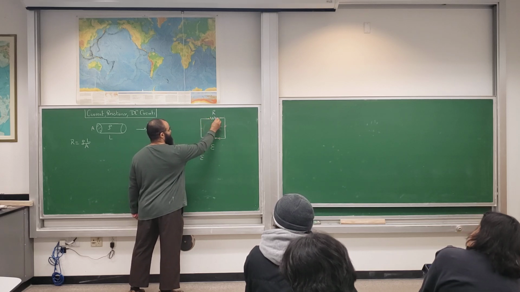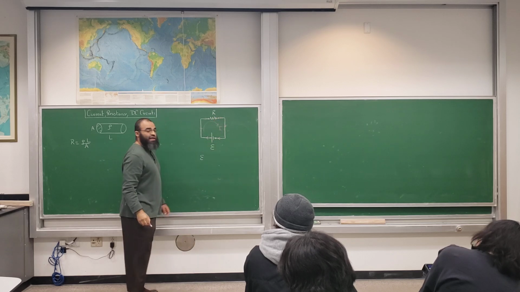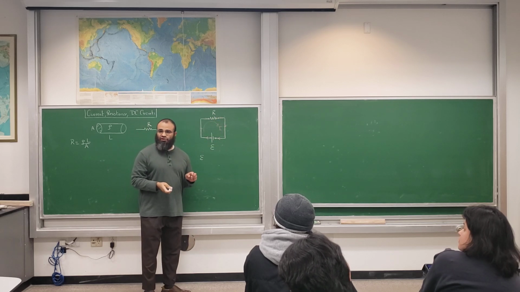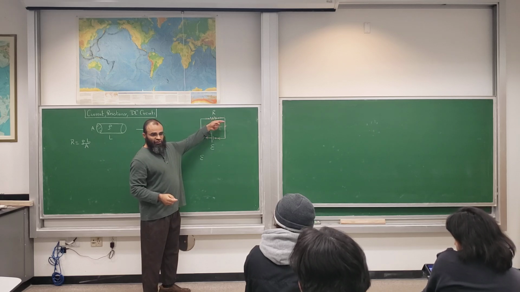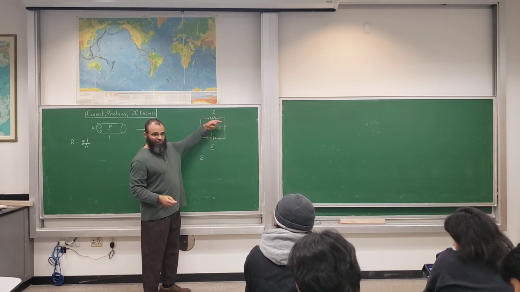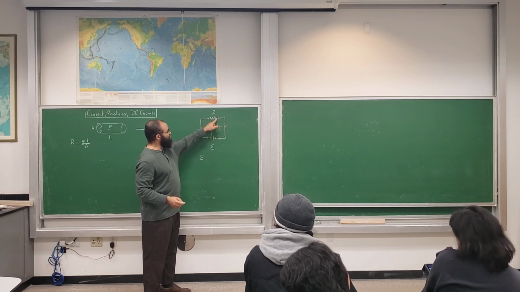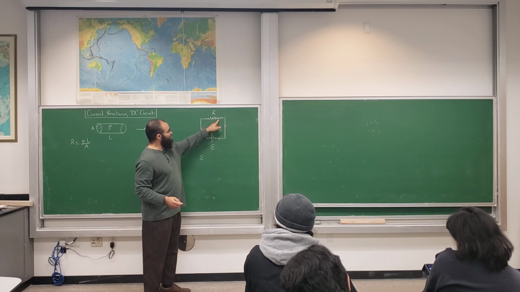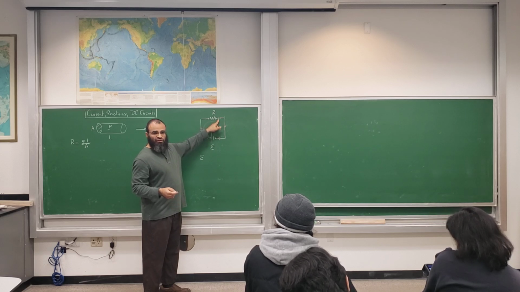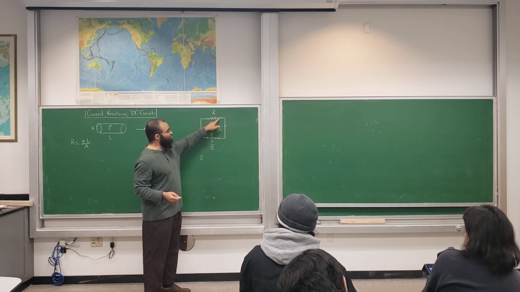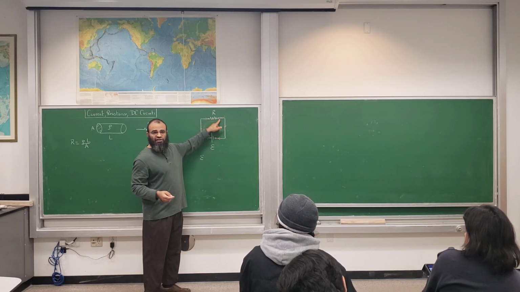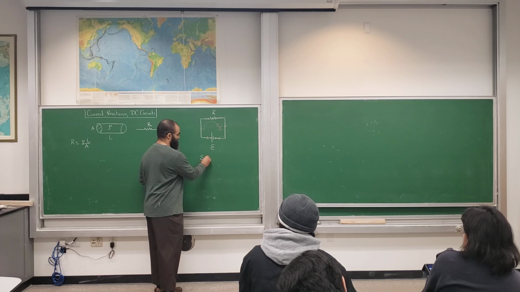How about here, from here to here? So this is the intuition I want you to have. When you go in the direction of the current, you're going in the direction of the electric field. And so in the direction of the current, direction of the electric field, the potential change is negative. Current flows from a higher potential to a lower potential, so the change is negative. So minus. Minus what?